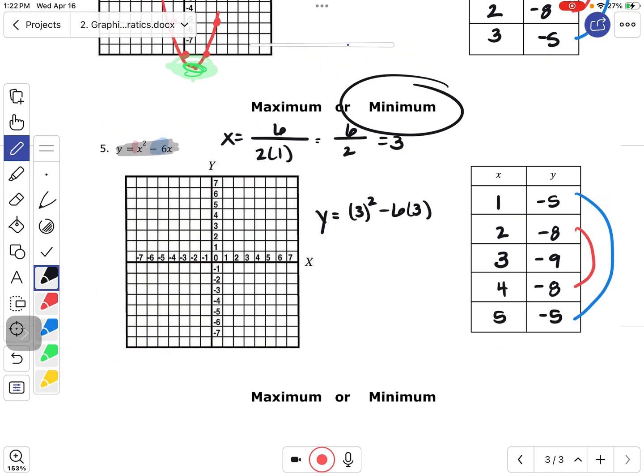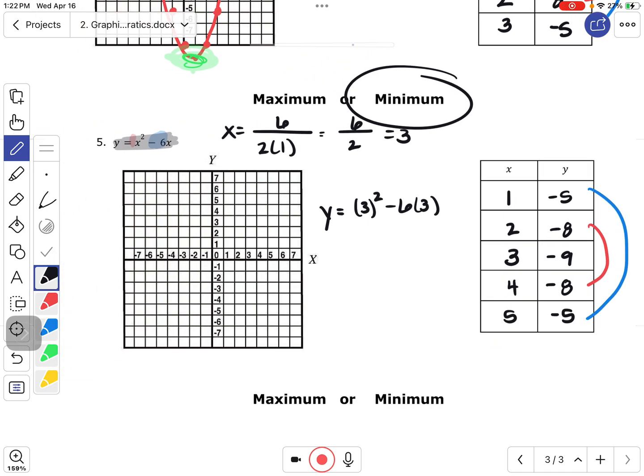Okay, now it's graphing time. I'm going to go over to 1, down to -5. Now I want over 2, down to -8. And over 3, down to -9. Again, they should have landed on a graph. Sorry about that.